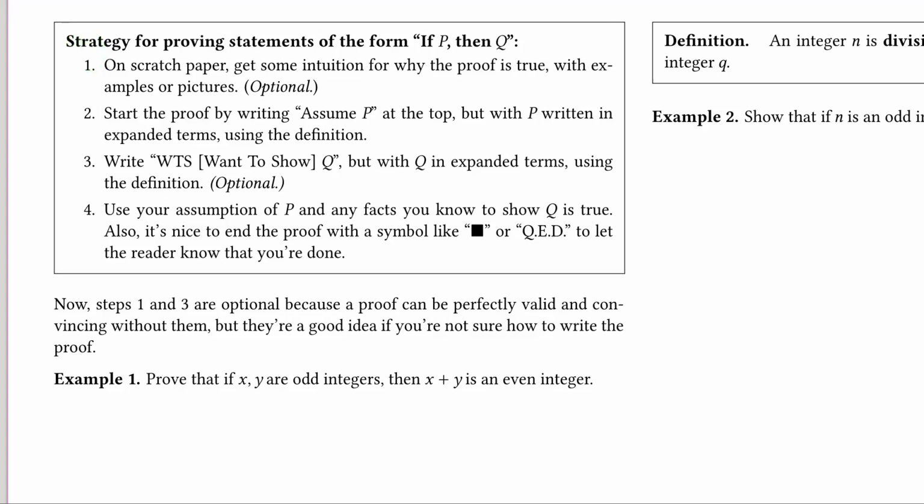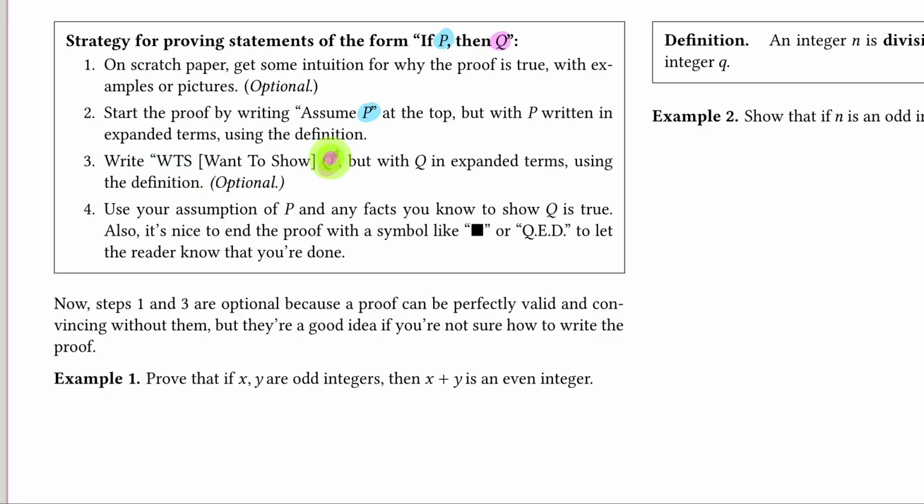Then to actually start writing the proof, step 2, you're going to write assume P. So this statement is of the form if P, then Q. So you write assume P, but instead of writing just P, write it in expanded terms using the definition, like the long version of it. Then we're going to write want to show, WTS for short, want to show Q, but again with Q written in expanded terms using the definition.